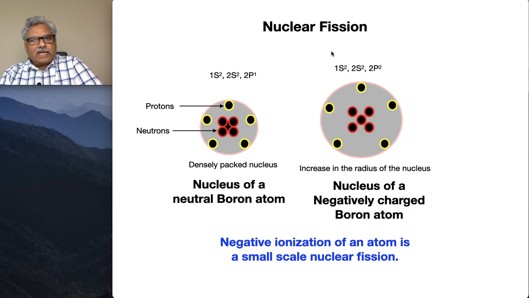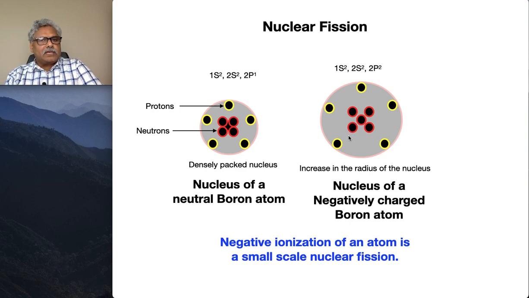So when there are more electrons around the orbits, and these are 5 protons and these are 6 neutrons, the strength between these two is more, so they pull outward. That makes the nucleus expand.